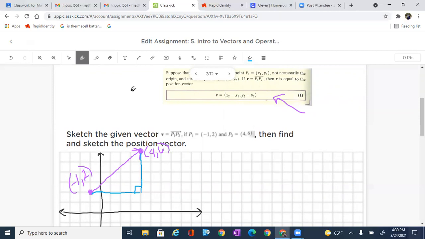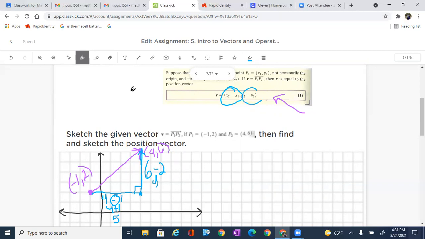So we're going to take our x's and subtract them. So this distance is 4 minus -1, which is the same thing as 4 plus 1, which is 5. And then to get from this location up, we would find the difference of 6 and 2, which is 4.